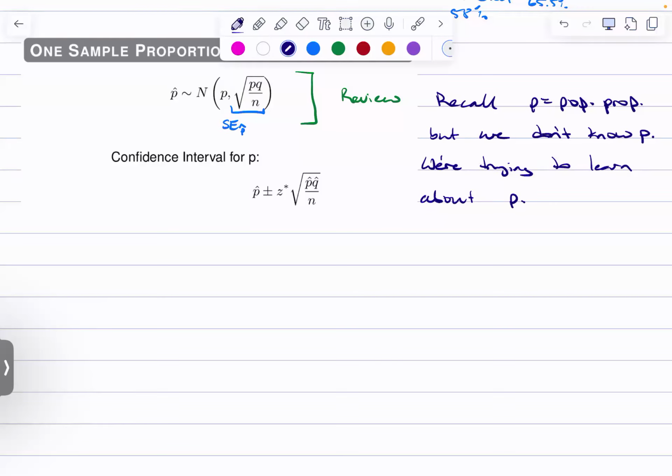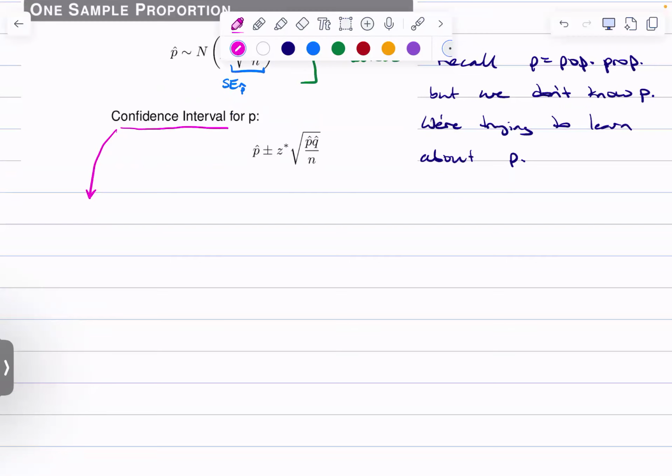So one of the ways that we do that is with a confidence interval. Confidence intervals in general, right, give us a plausible range for what P might be. So a confidence interval, or I'm going to start abbreviating it just CI because it's really long to write.